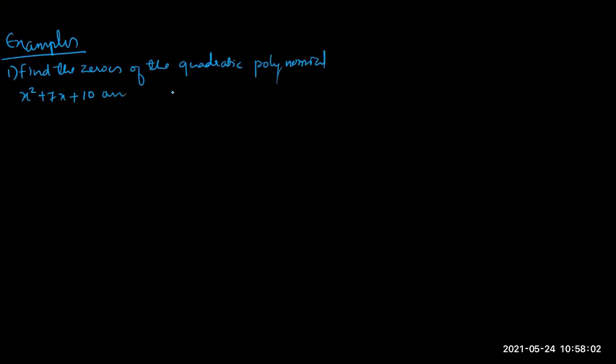Find the zeros of the quadratic polynomial x square plus 7x plus 10 and verify the relationship between zeros and coefficients.